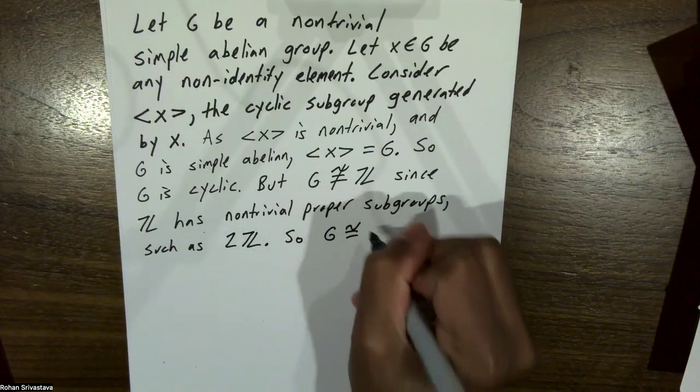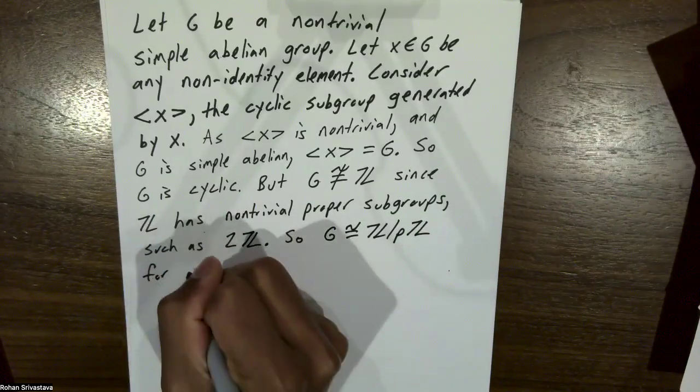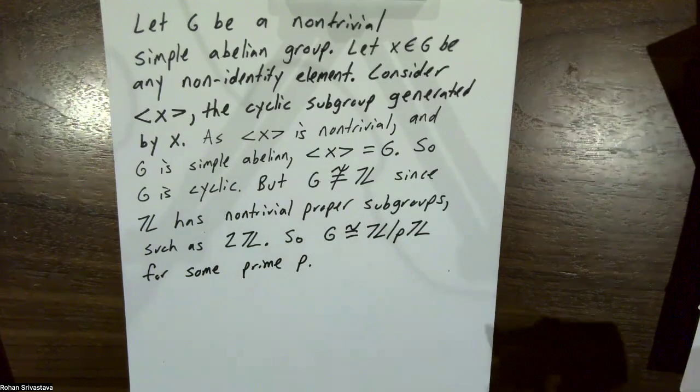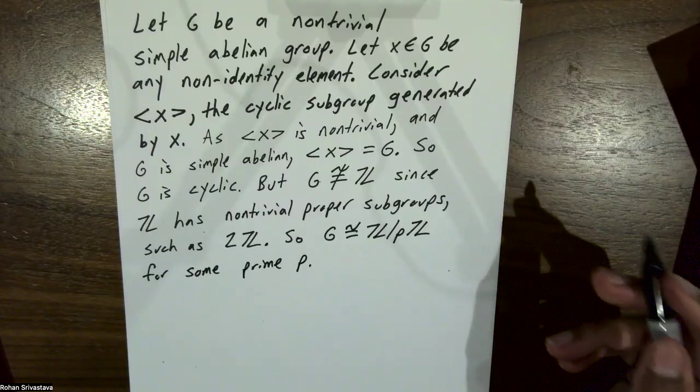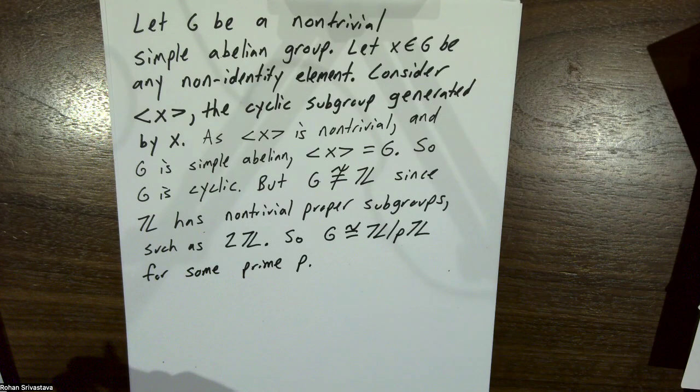So G is isomorphic to Z mod pZ for some prime p. And thus we recover the structure of all the simple Z modules, or the simple abelian groups. In particular, all the simple Z modules are isomorphic to the group Z mod pZ, where p is prime. So the cyclic groups of prime order, finite prime order.